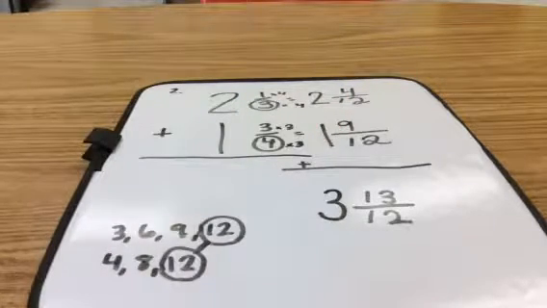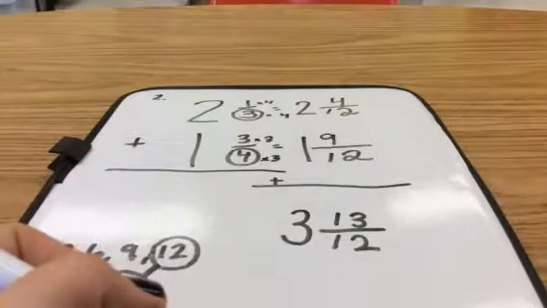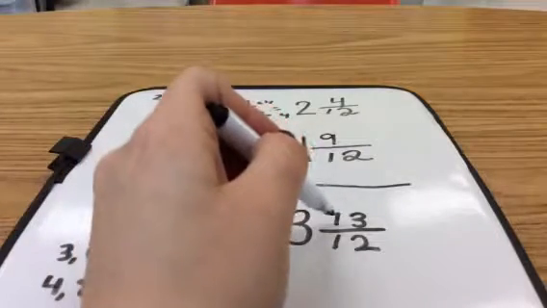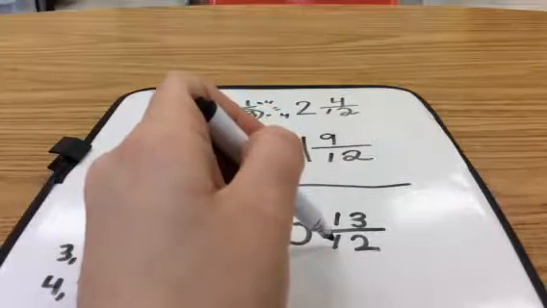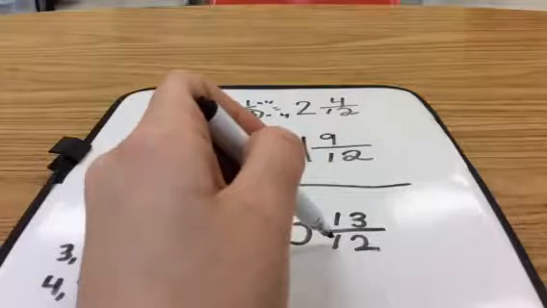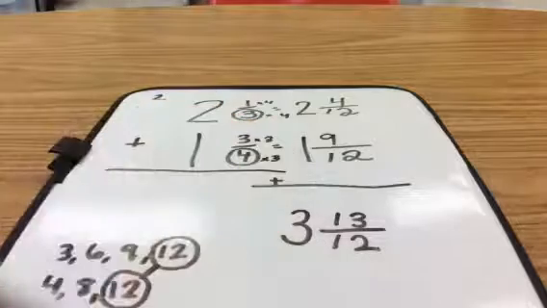Okay, this type of problem has an extra step because it's called an improper fraction. An improper fraction is when your numerator is larger than your denominator. So because of that, we need to change it into a fraction that does not have a numerator that's larger.